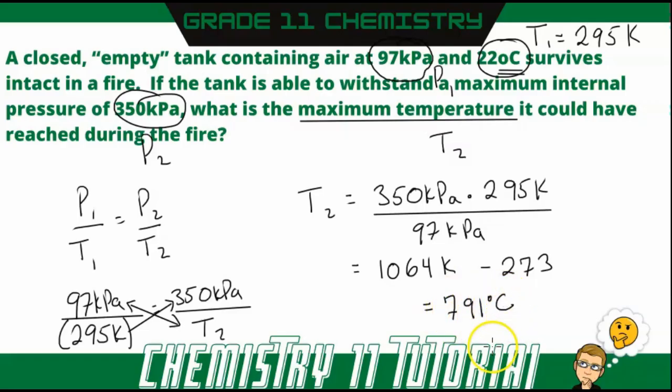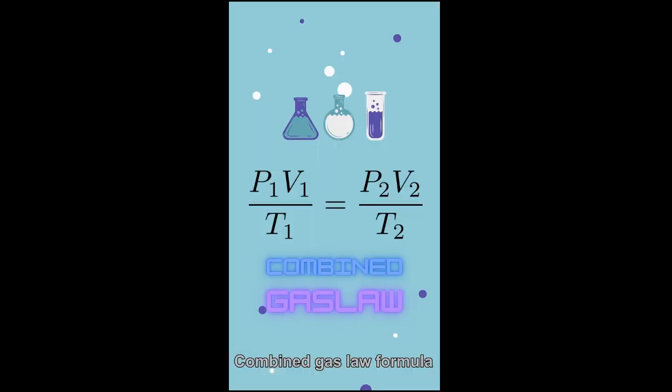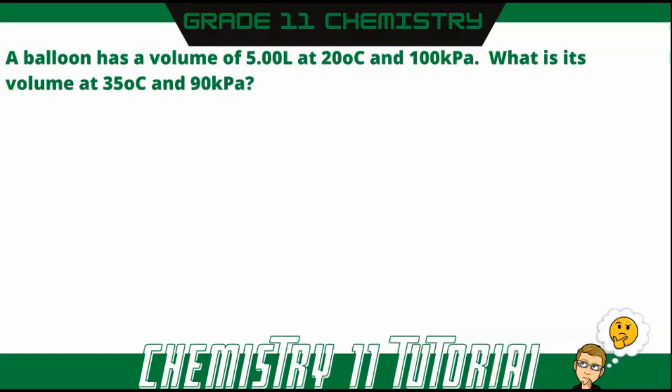Whew. And these three laws can come together to give us our combined gas law formula. Alright, so here's an example with the combined gas law. You can actually do this two ways. I've seen students do the ideal gas law to solve this problem, but if you're using the ideal gas law, you're going to have to apply it twice. Let me show you.